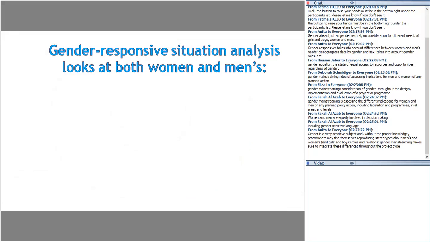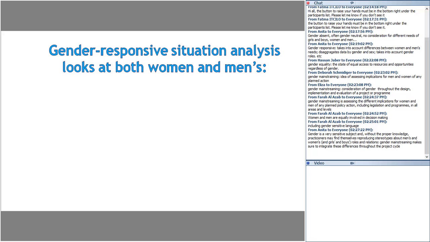Now, I have a really easy way to remember how to conduct a situation analysis that is what we call gender responsive. And I didn't make this up. This is actually based on important work done in some of the top universities around the world, some of the top Southern-based thinkers and analysts on the ground.